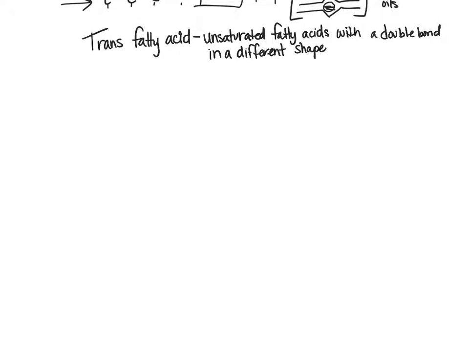So what this means, without getting into a lot of chemistry, is when you have double bonds, they can be in such a formation that's called cis, or they can be in a formation called trans. And so what we see are the unsaturated fatty acids that I had already drawn.